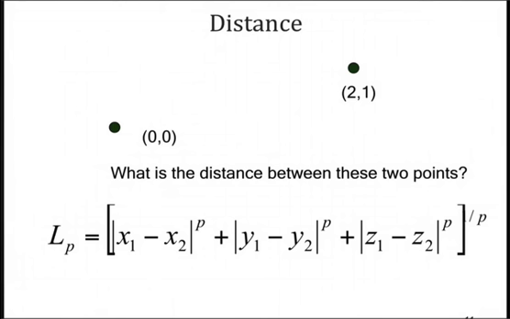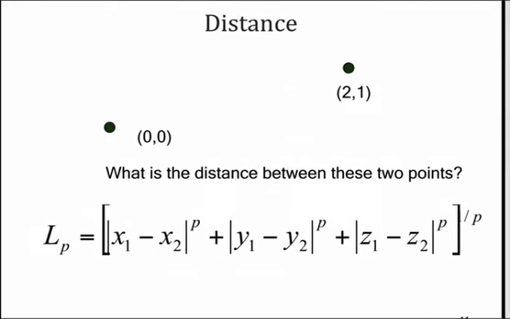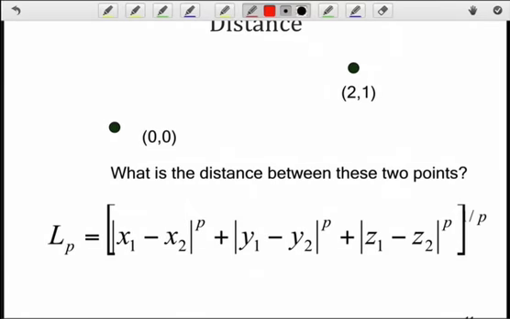Here I've got 2 points in space, x, y coordinates, and the question is, what is the distance between those 2 points? If we look at it from the point of view of the LP norm estimation, it would look like this: we subtract the difference in the x, the difference in the y coordinate, and if we had a z coordinate, which we're not going to worry about right now, we would also subtract that.